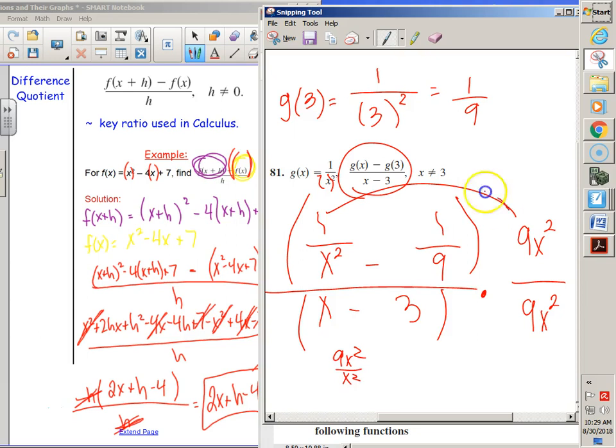And then here, I would get minus 9x squared over 9. The x squareds cancel in one, the 9s cancel in the other. I still have my 9x squared times x minus 3. But what's left? Just a 9, just an x squared.